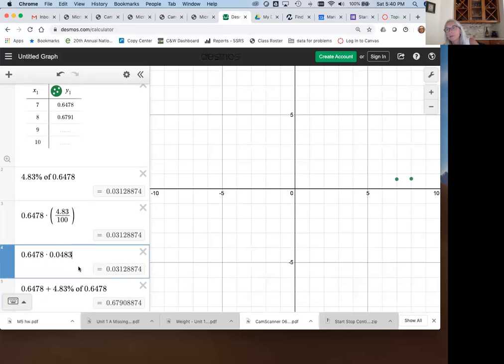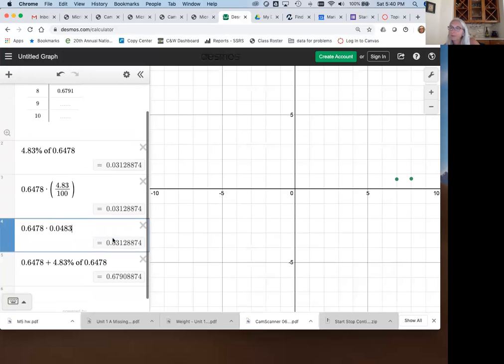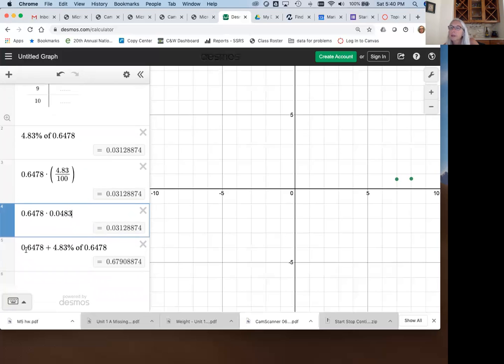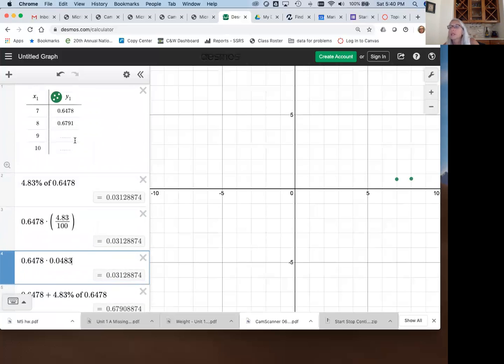If you did it that way, that's fine too. But then notice that just represents my increase. It does not represent my new output. So I had to take my current output and add that to the increased amount to get my new output. All right, so we just found one output. Let's go find the next one now.